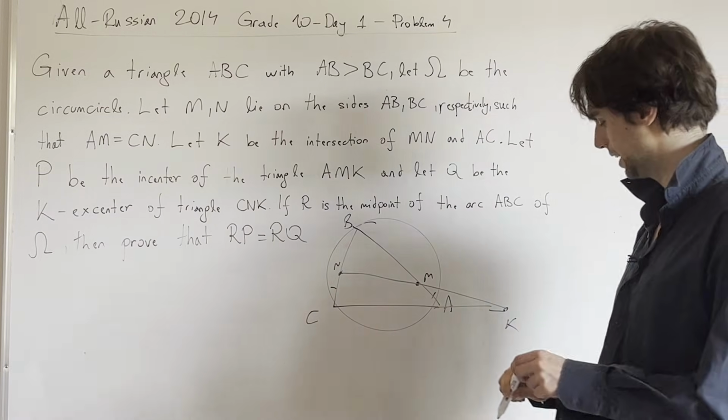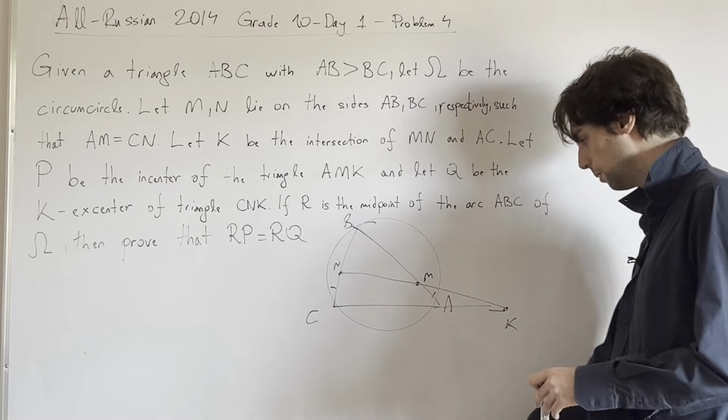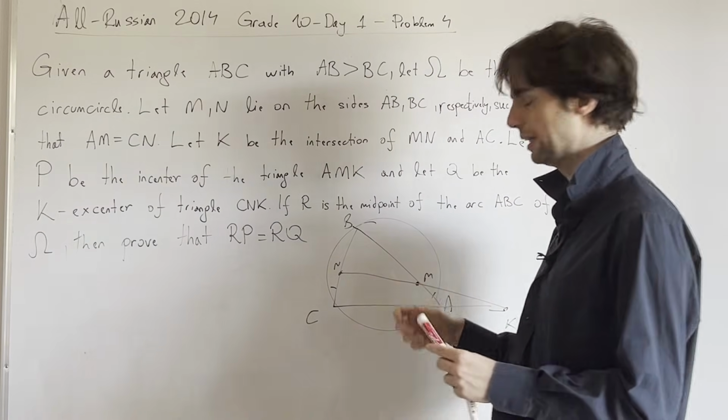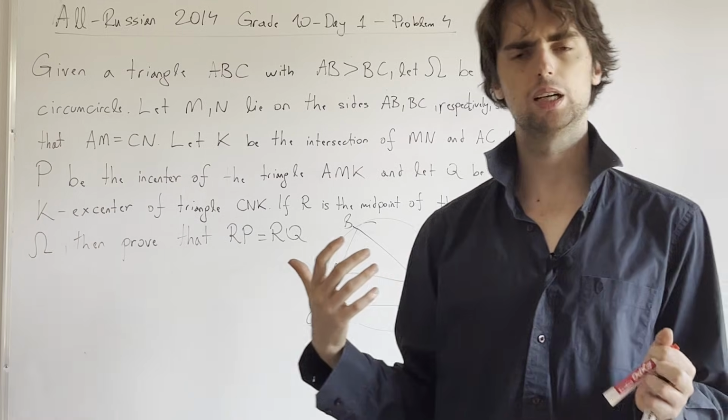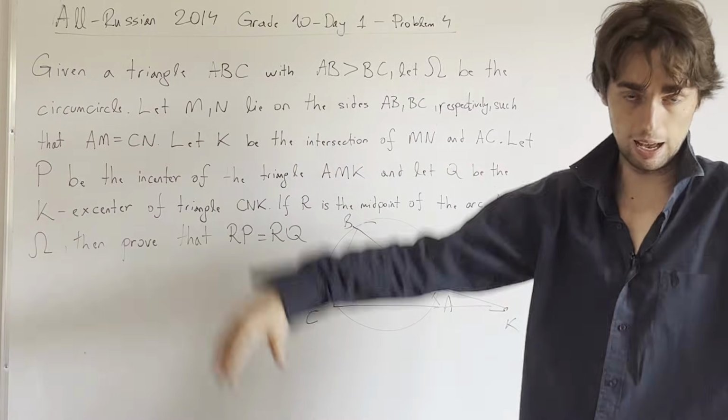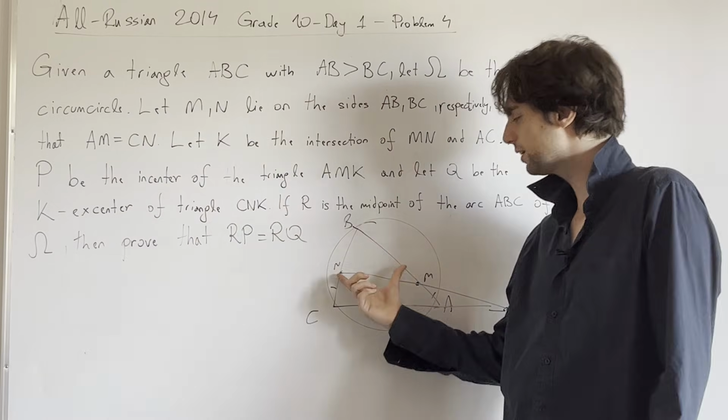But let's not get ahead of ourselves. What do we know about points M and N? What can we get from this? Another question to ask is, can we connect R, which is added at the end as an afterthought, to M and N?